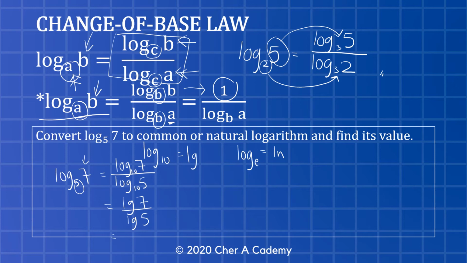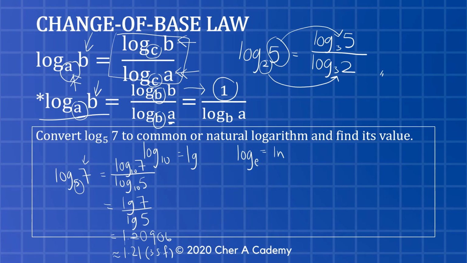So if you key in your calculator, log 7 divided by log 5, I will get 1.20906. And if I correct it to 3 significant figures, I'll have 1.21.